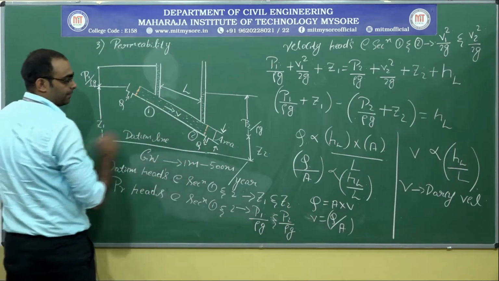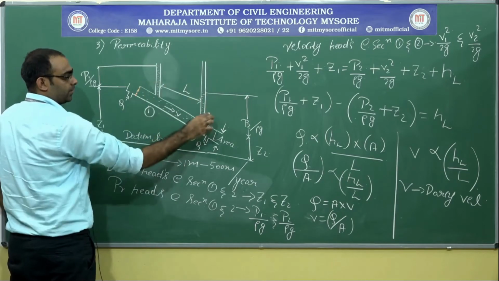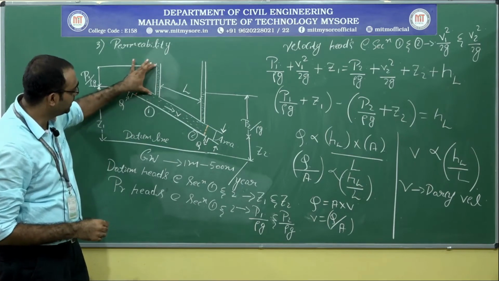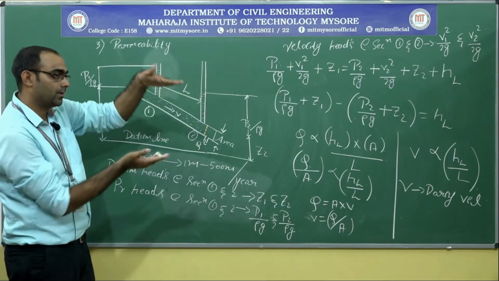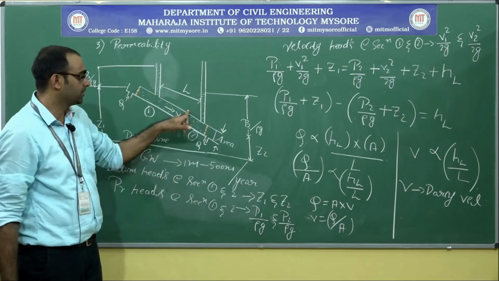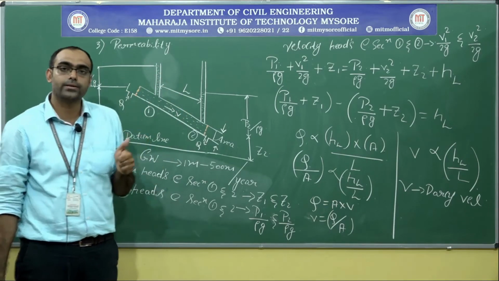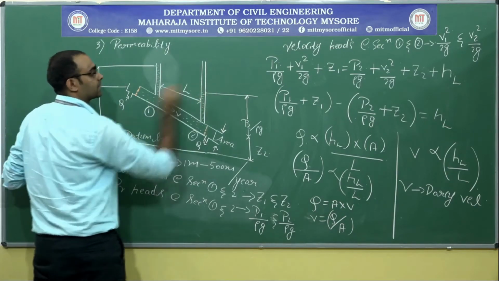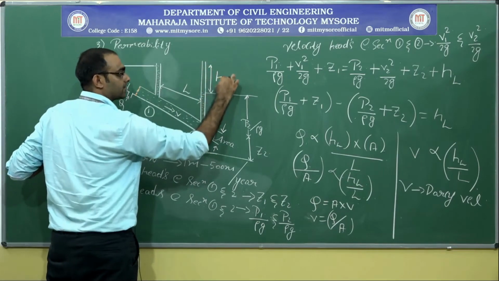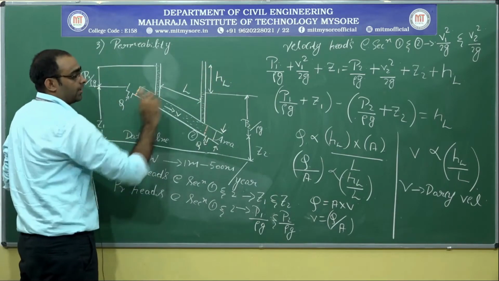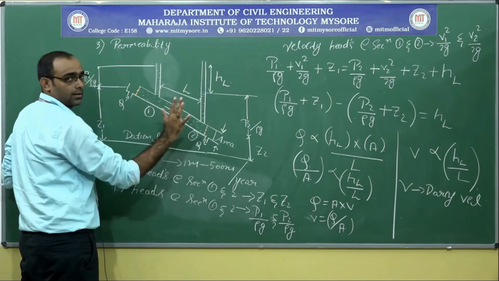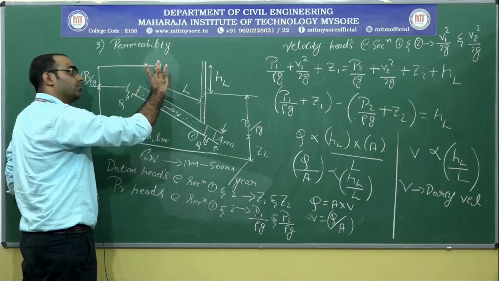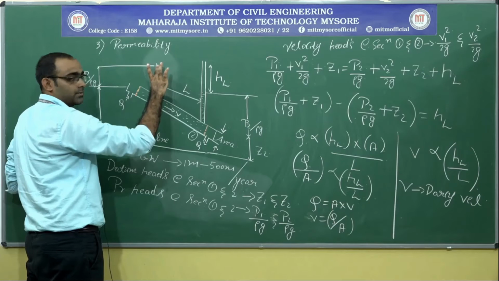How? Just look at the diagram. You can see once you insert the piezometer, the water level has risen and it has been standing there. When water is standing, we say that it possesses potential energy or potential head, right. So the potential head difference here can be indicated as HL, and this potential head is varying with respect to the length here. Look here, the vertical height of the water standing is more.